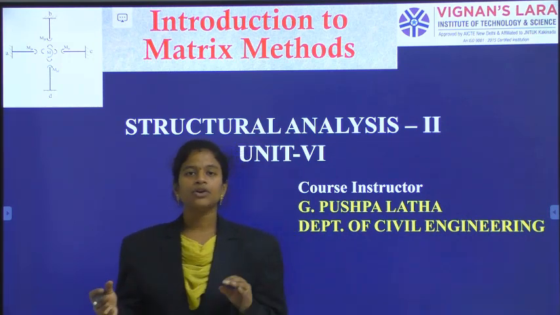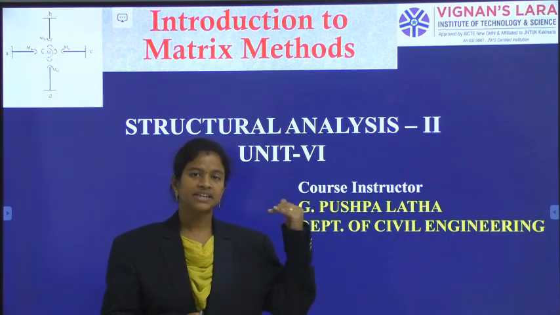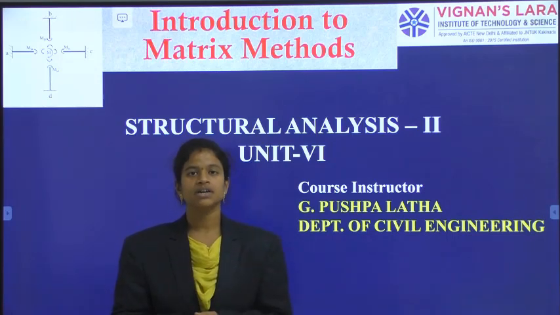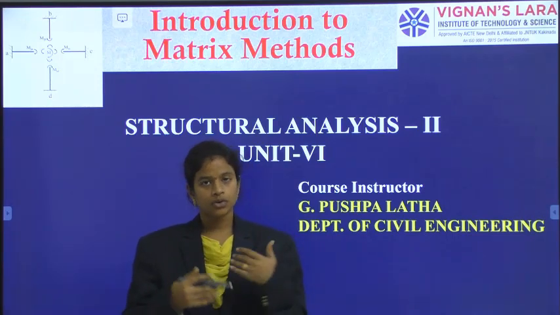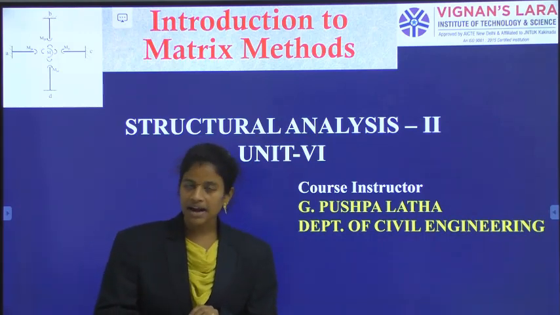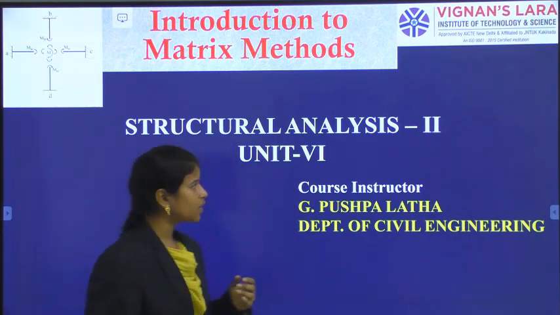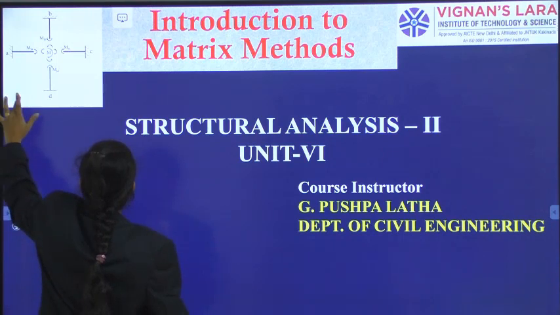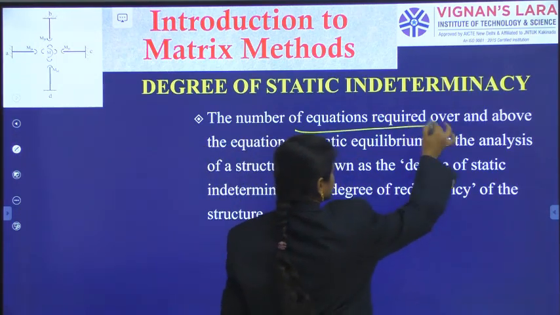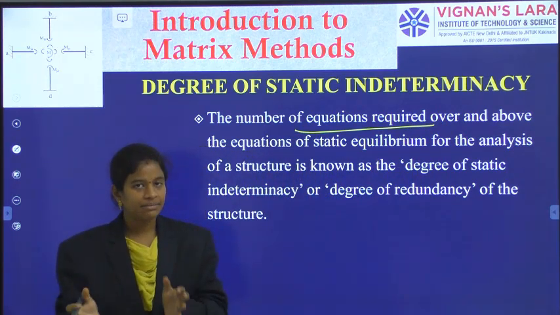Then we came to our basic definitions. What are the main terms we use in stiffness as well as flexibility? In both methods we use some common terms, which we are learning now: degree of static indeterminacy and degree of kinematic indeterminacy. Static indeterminacy is the number of equations required over and above the available static equilibrium equations.